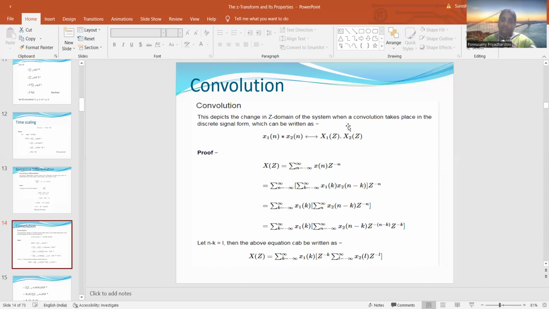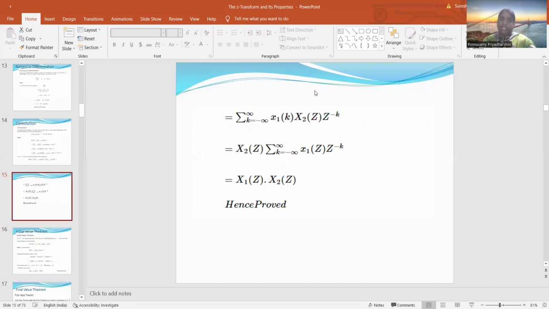Similarly, we substitute x1 of k and x2 of n minus k, and after multiplying, the final answer is this. So X of z can be written as the summation over k from minus infinity to infinity of x1 of k z to the power of minus k, times the summation over l from minus infinity to infinity of x2 of l z to the power of minus l. After that, these two answers are combined, and the final answer is X1 of z into X2 of z.